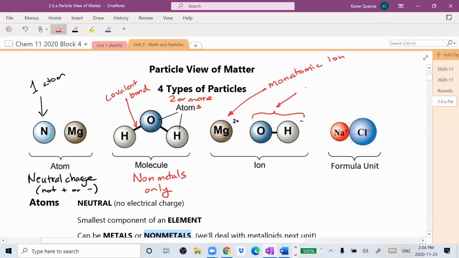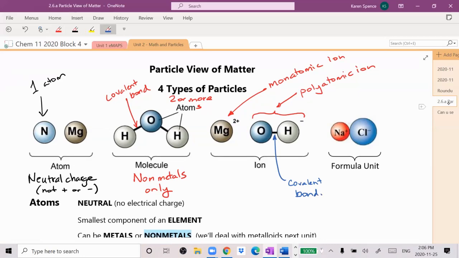Do you know the prefix for many? Poly. So this is a polyatomic ion. The interesting thing about polyatomic ions is that the atoms in there are held together by covalent bonds, because you've got a nonmetal and a nonmetal.